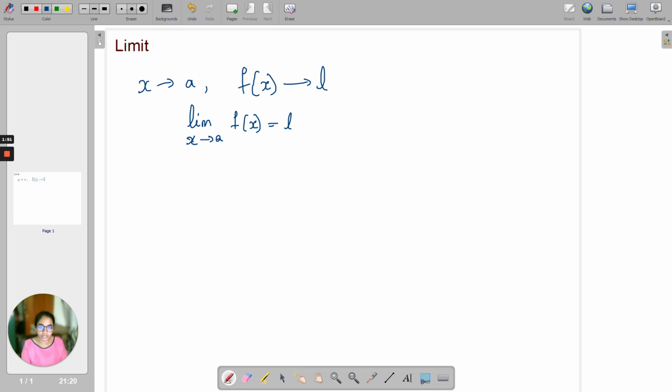Okay, let me take an example now. Let me take f of x is equal to 3x. Give some values for x. Let us take that x is tending to 2. So let me take all the nearest values to 2.